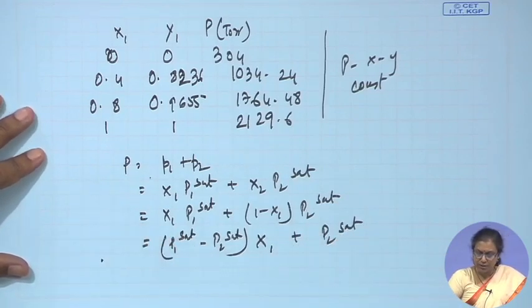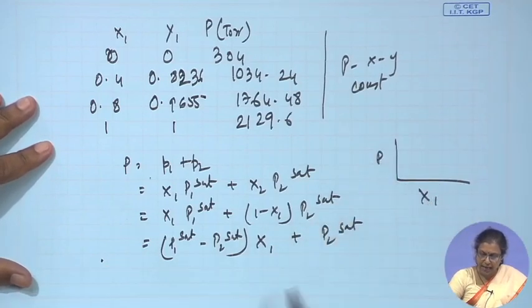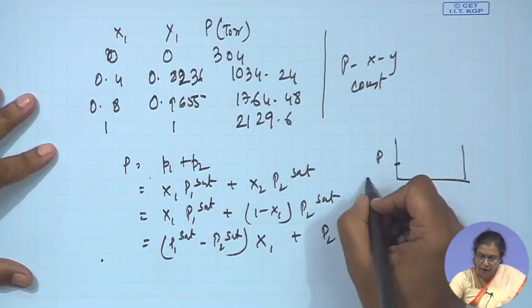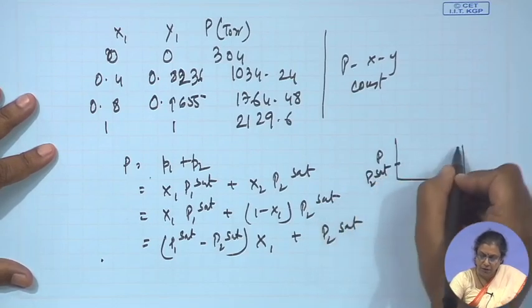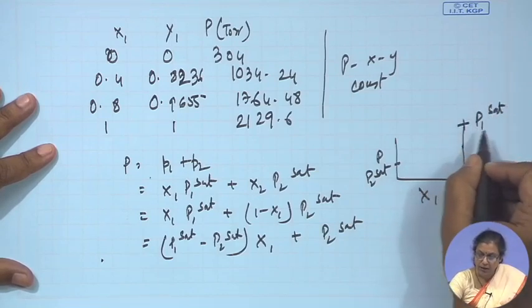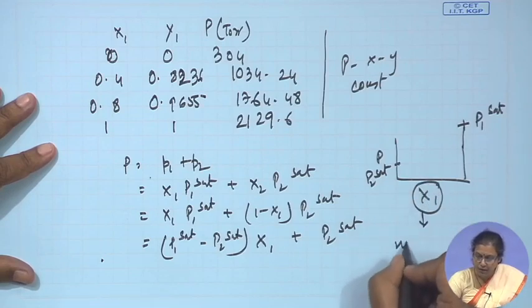What does this equation suggest? This equation suggests that when you plot P versus x1, it should be a linear curve. The linear curve should start from P2 saturated here. We have already discussed P1 saturated here. Always remember that when we are talking about x1, we are always referring to the more volatile component.